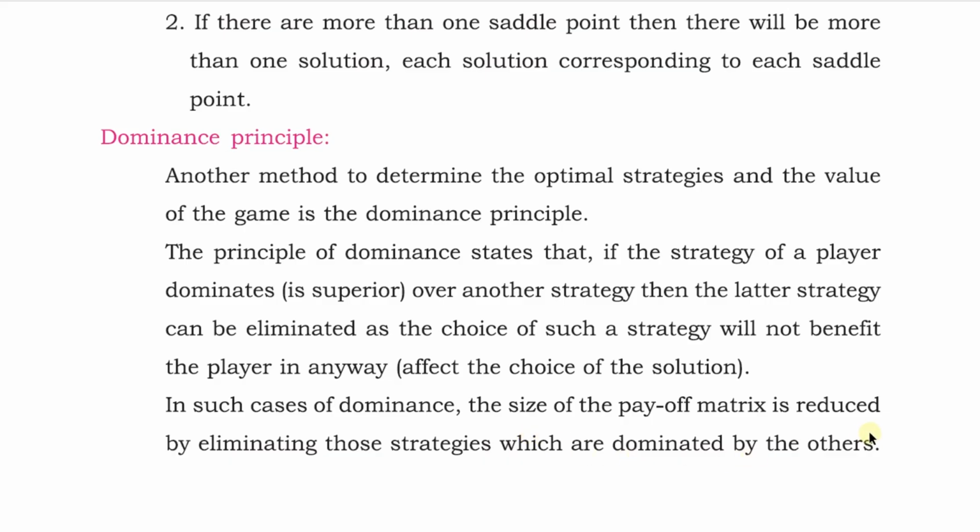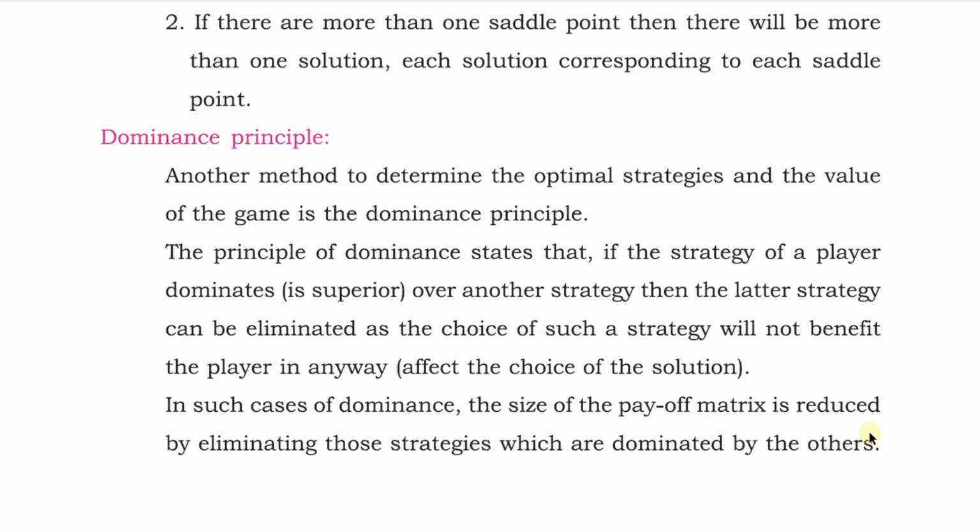dominated by others. Okay. So as the name itself suggests, here we have strategies of A and B participating at the same time. The one strategy which yields lesser payoff as compared to the other will be dominated by the strategy which yields more payoff. Okay.